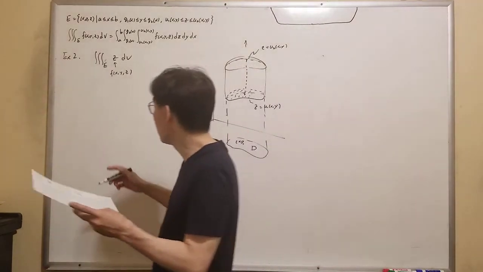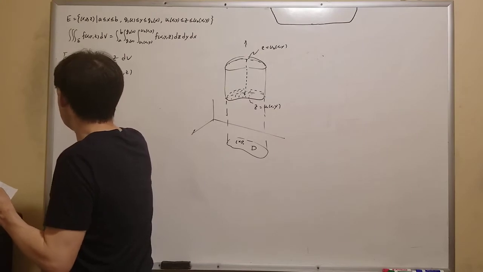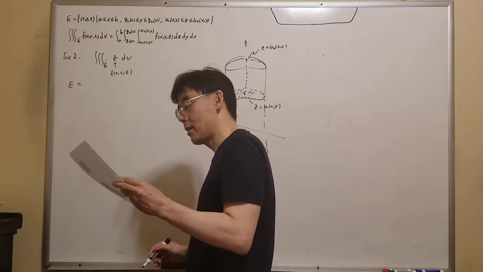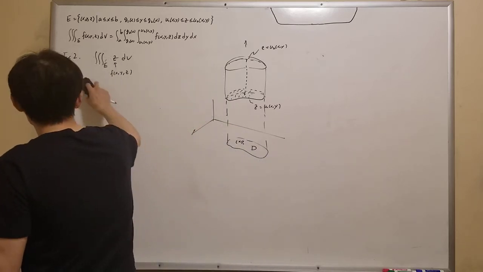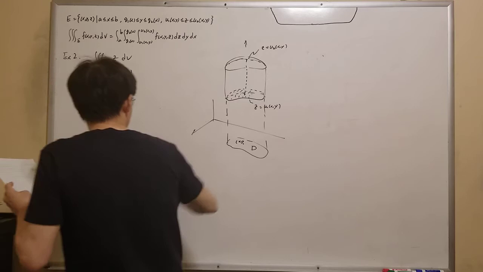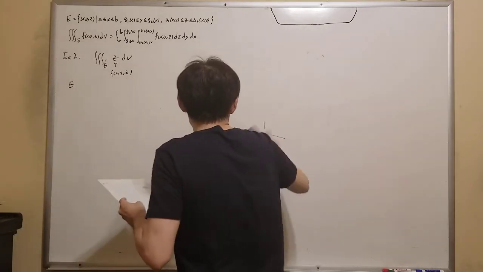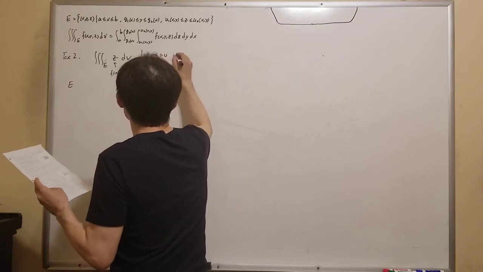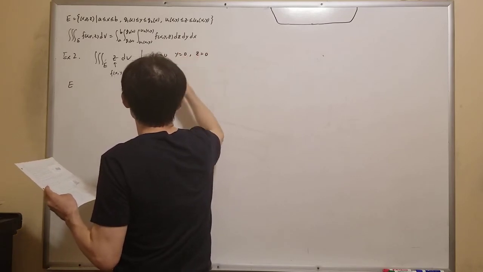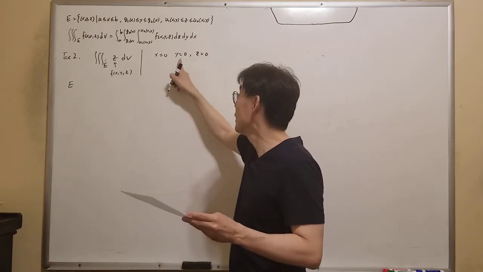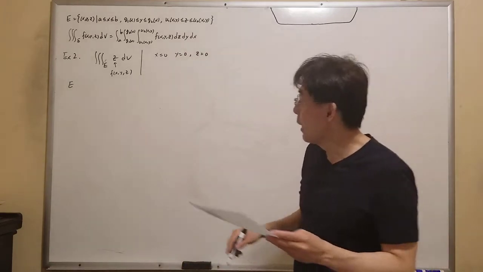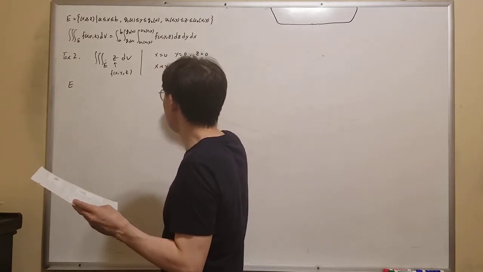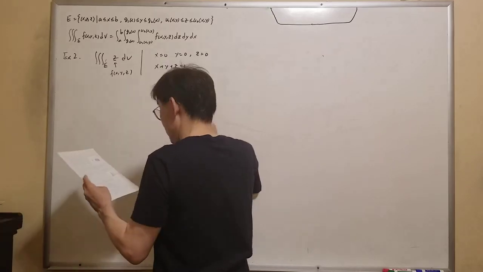E is described as the region bounded by the four planes x equals 0, y equals 0, z equals 0, that is the yz plane, xz plane, and xy plane, and x plus y plus z equals 1. So E is the region bounded by these.